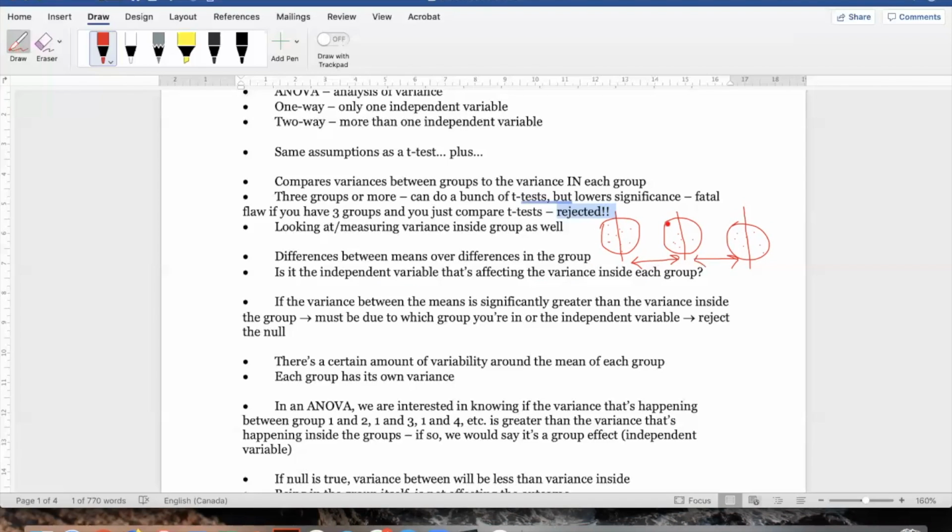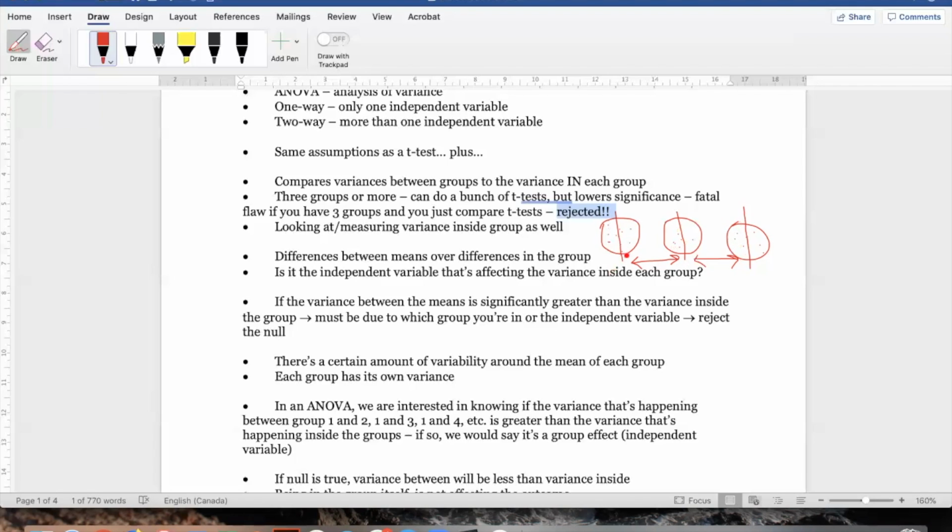If the variance between the means, okay, is greater than the variance inside the means, okay, then that means that the difference in those groups has to be due to the group that you're in.